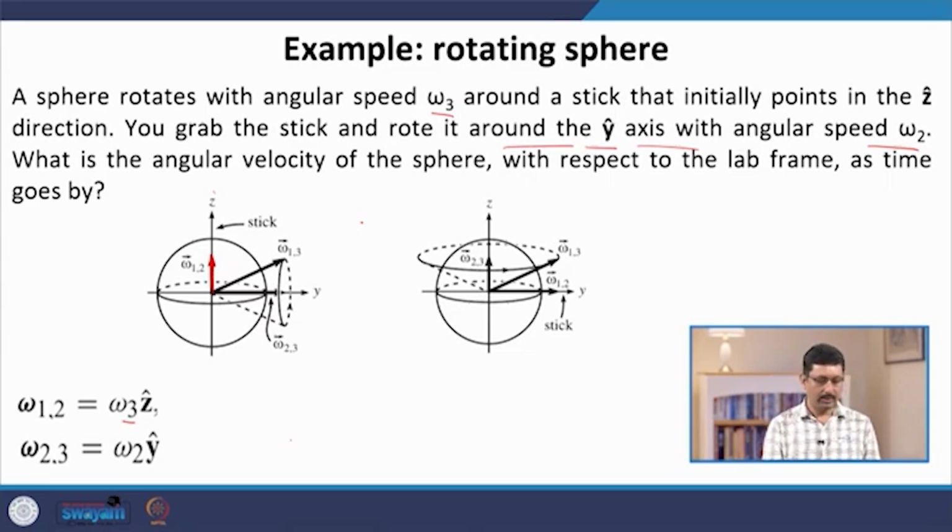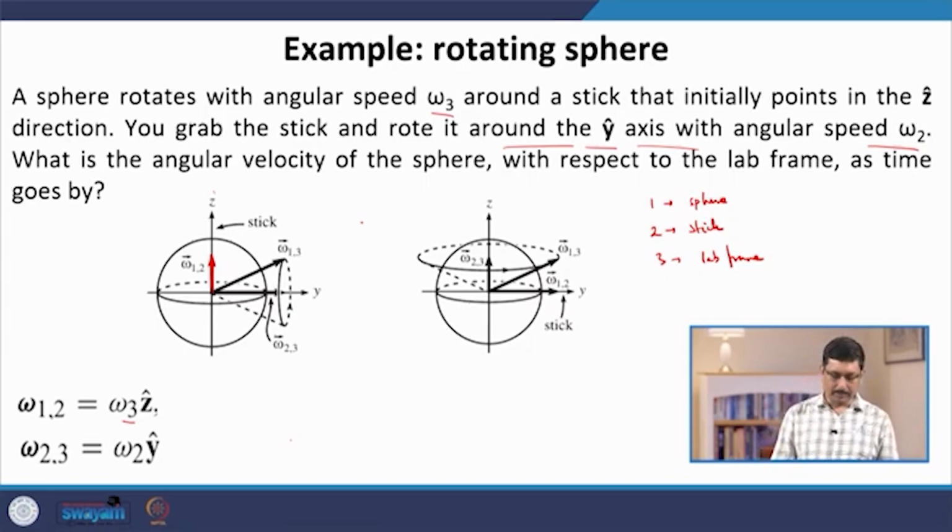So, w3 is the angular velocity of the sphere with respect to the stick, and omega 2, which is shown here, is the stick now rotating about the y axis. That direction is along the y axis, which is the axis of rotation.